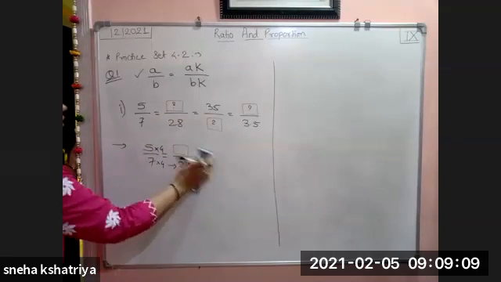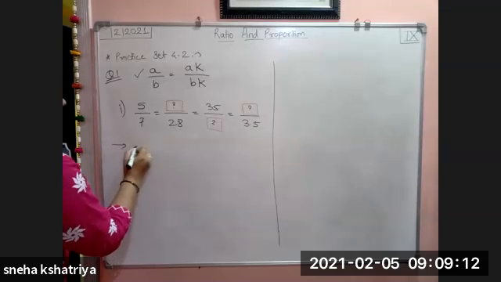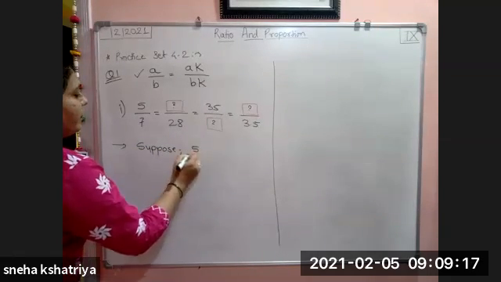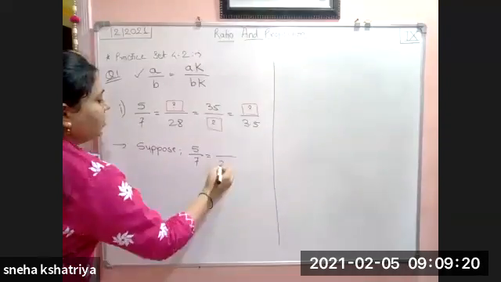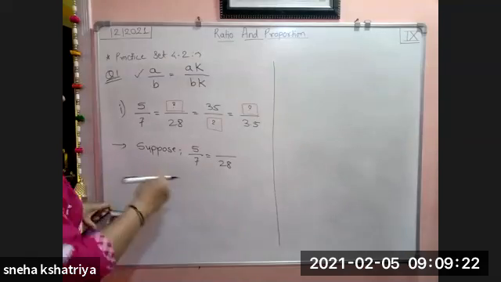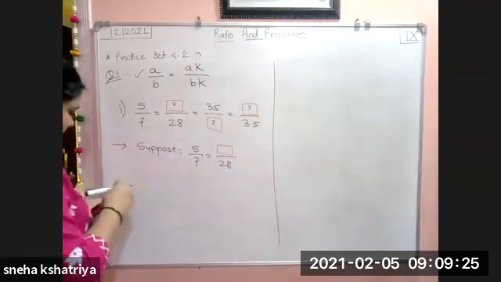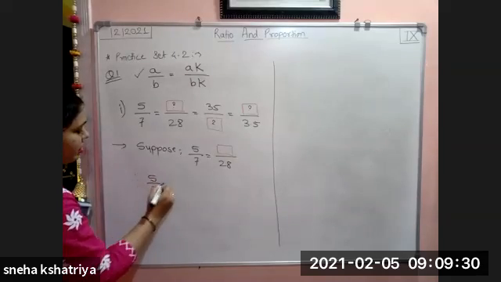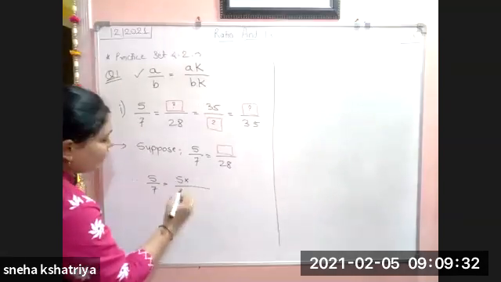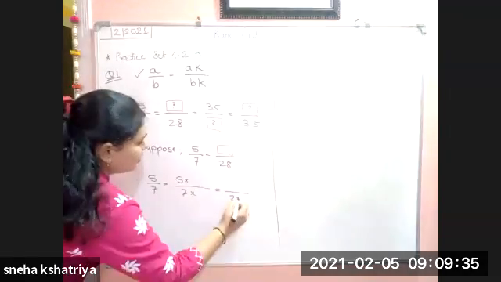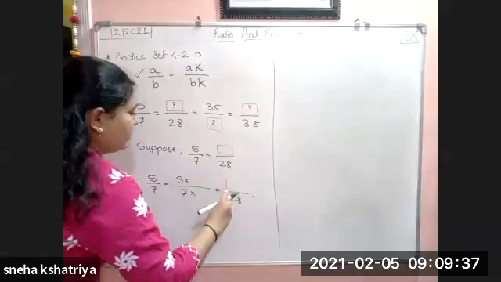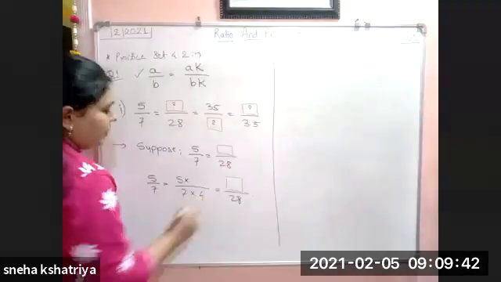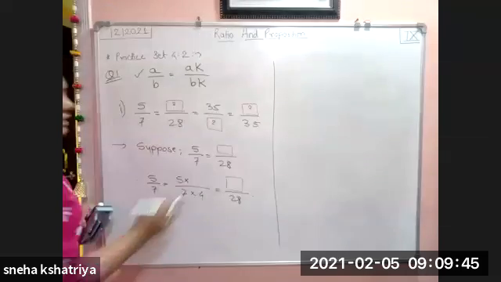Okay. So here you are going to do like this. Suppose 5 upon 7 is equal to, at denominator 28, and at numerator you can write a box. So this can be written as 5 upon 7, which is equal to 5 multiplied by box upon 7 multiplied by 4, which is equal to 28. 7 4s are 28 at the denominator.